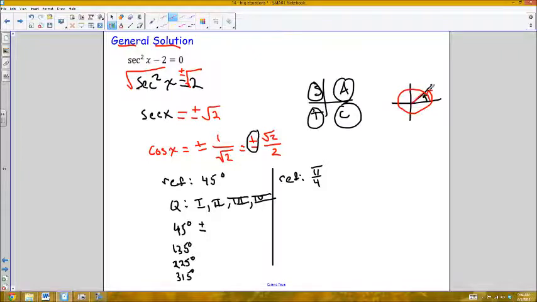That's if I added one full revolution, which is 360 degrees when we're talking about degrees. So I can add 360 times any multiple, and I could do that to any of these.